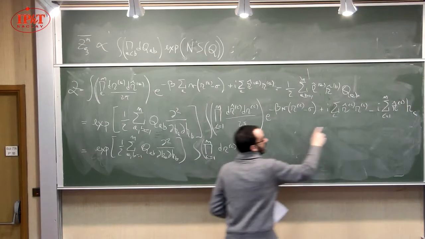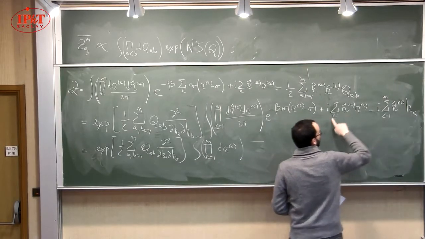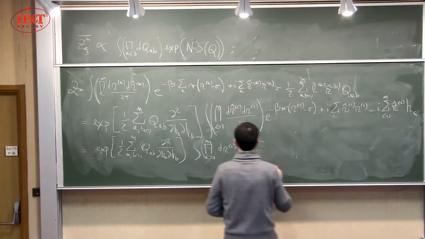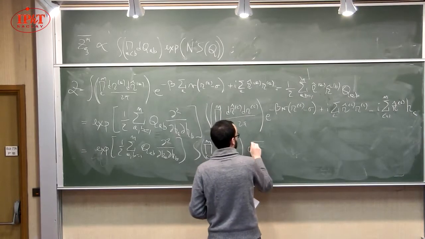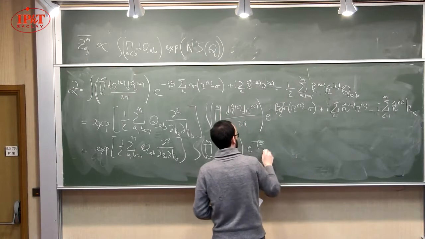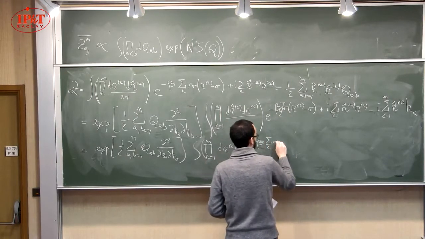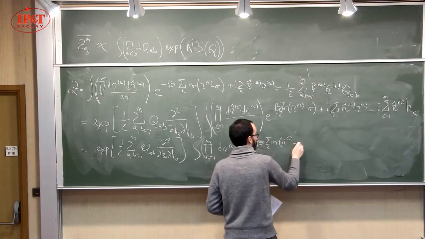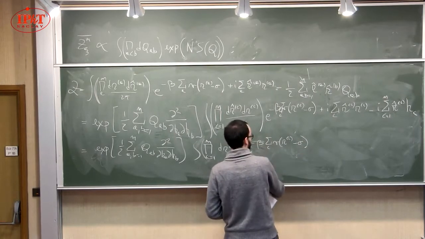So the integral here just gives you a set of Dirac deltas. Sorry, here I forgot.